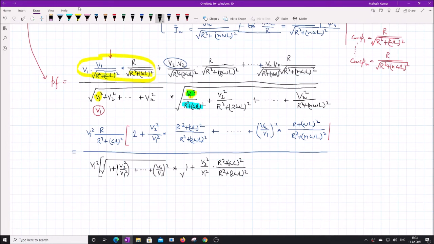This within square root. Till nth component. So we have Vn by V1 square into R square plus omega L square divided by R square plus n omega L square.